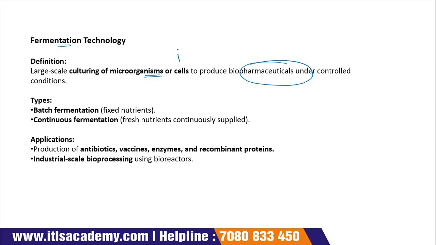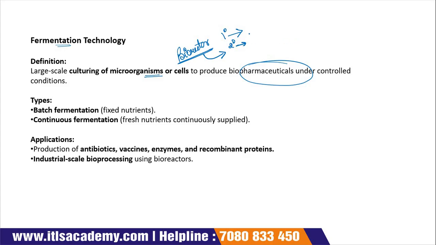Here we use a bioreactor. In the bioreactor, we grow our microorganisms, and these microorganisms produce primary metabolites or secondary metabolites. Okay, and the secondary metabolites are produced in the stationary phase and primary metabolites are produced in the log phase.